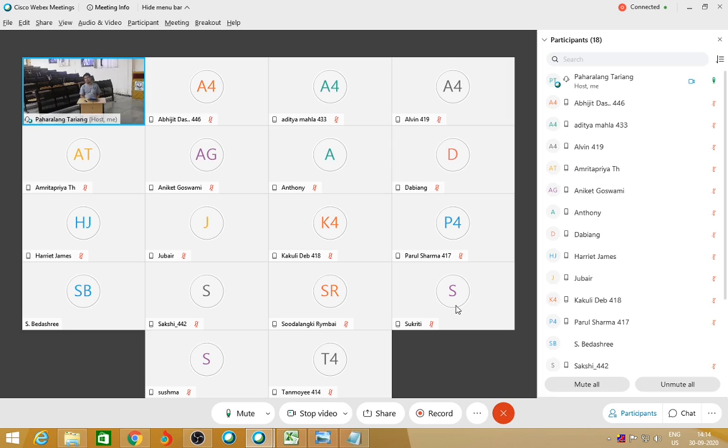Then rounded. It should be a perfect circular round thing. And it should be raised from the skin.